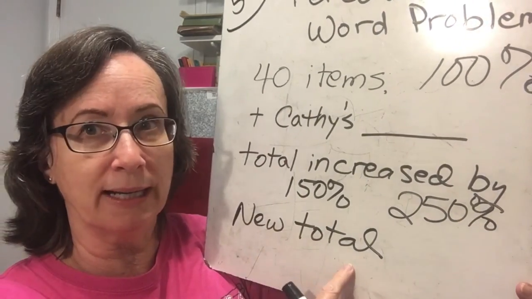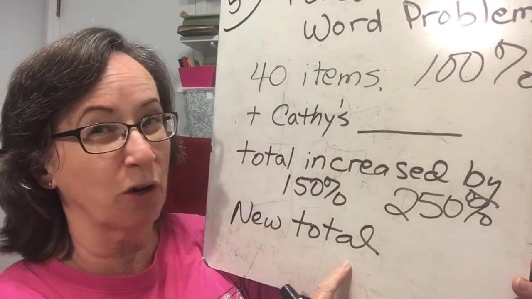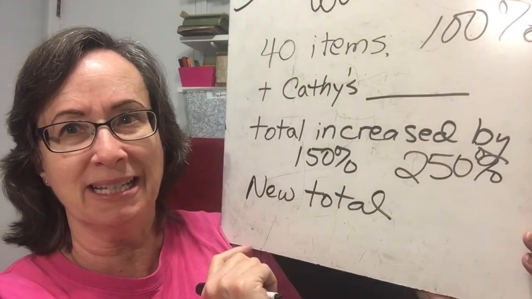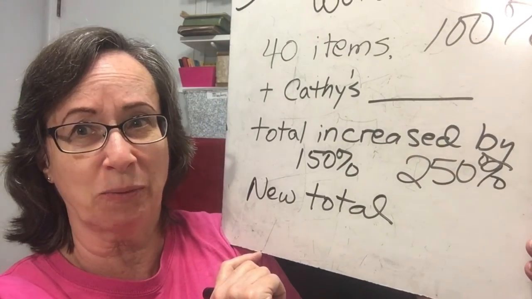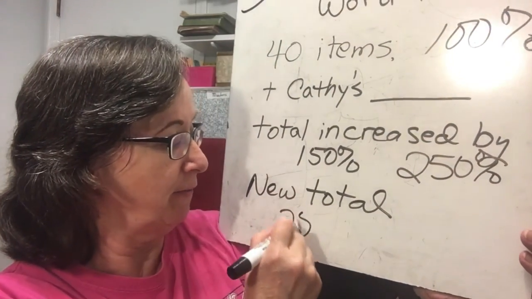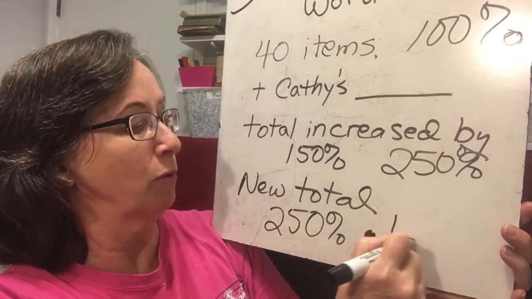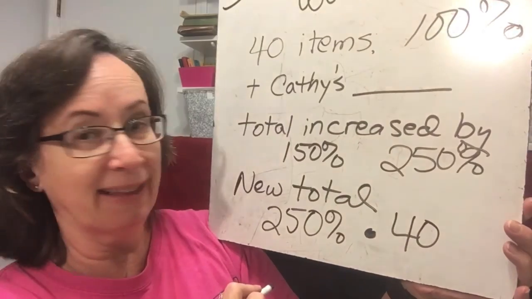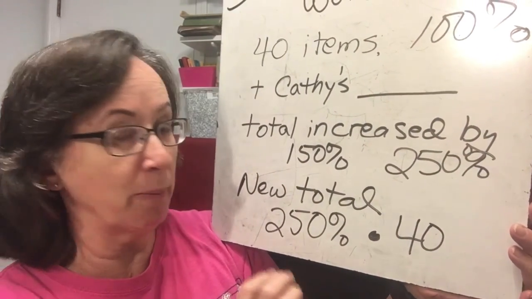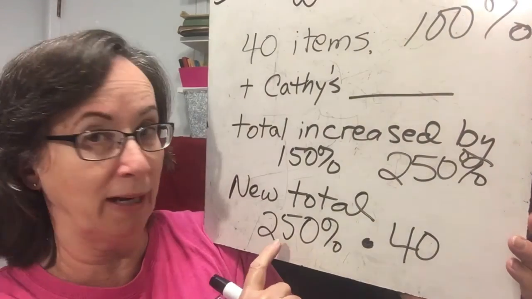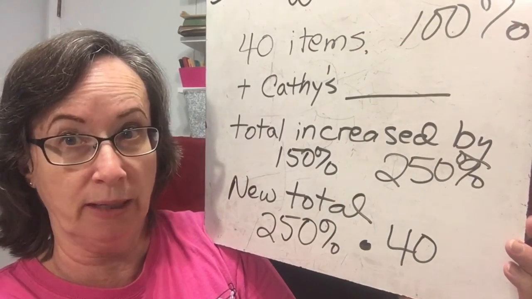And then what is their new total? So don't we just need to know what 250% of 40 is? That's all we need to know. 250% of 40. Okay, that's all we need to know. Now remember, we can do this with decimals. We could say this is 2.50 times 40.